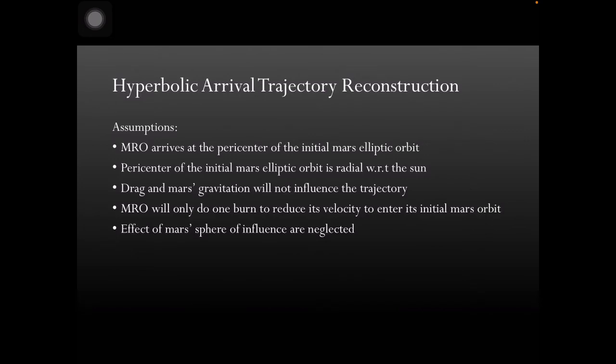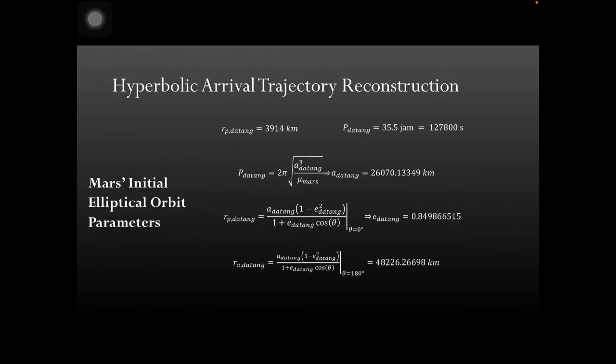The second is that the pericenter of the initial Mars elliptic orbit is radial with respect to the Sun. The third is that the drag and Mars gravitation will not influence the trajectory. The fourth is that the MRO will only do one burn to reduce its velocity to enter its initial Mars orbit. And the fifth is that the effect of Mars's sphere of influence is neglected.